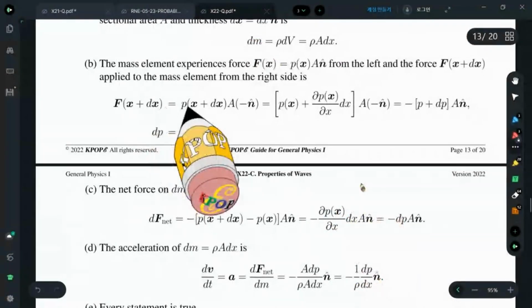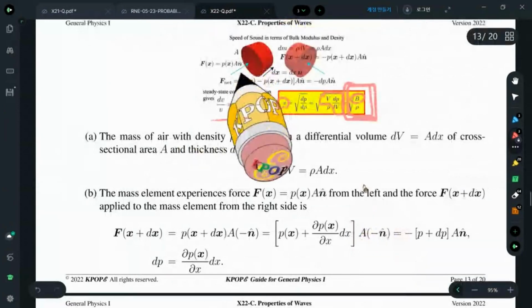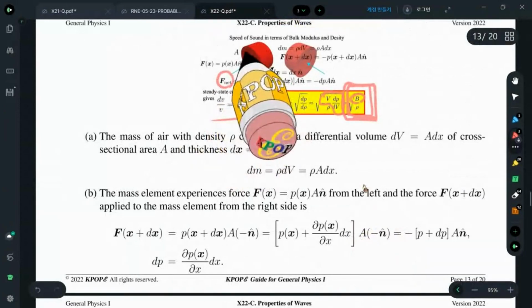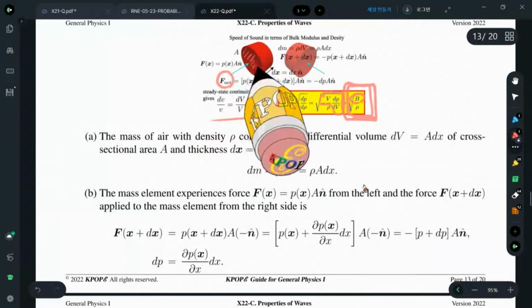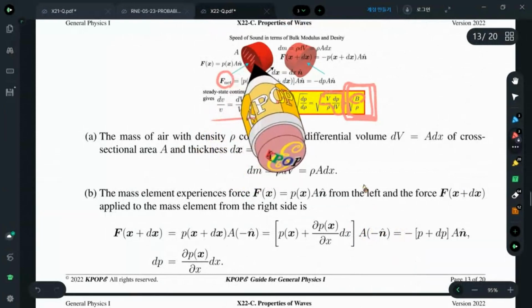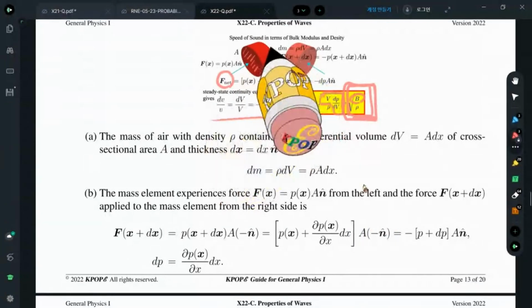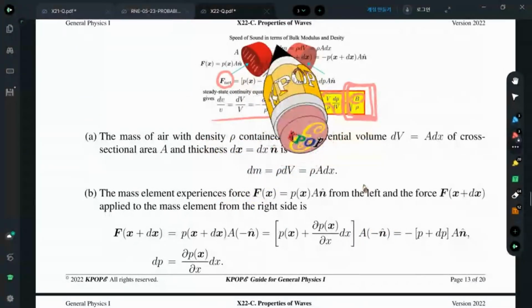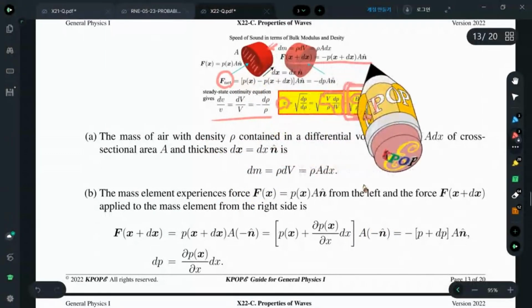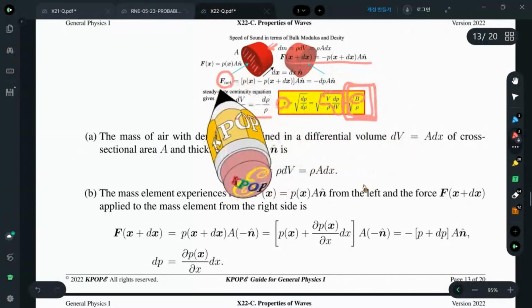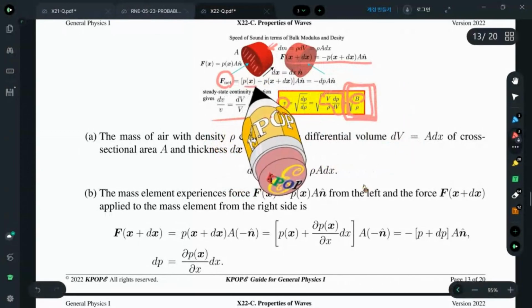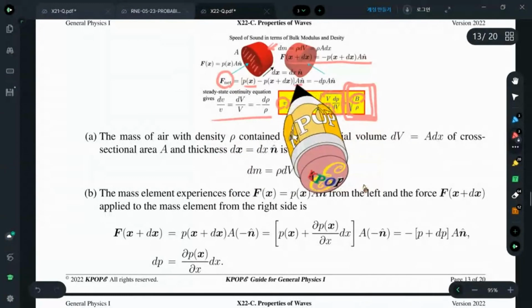Okay, these are the straightforward calculations. Now we consider the force applied to the left side of the cylinder, and we consider the force on the right side of the cylinder. The force is the pressure multiplied by the cross-sectional area.